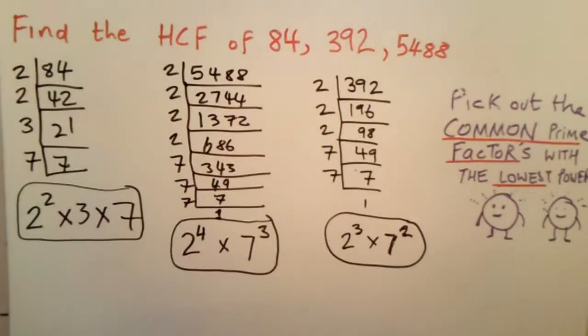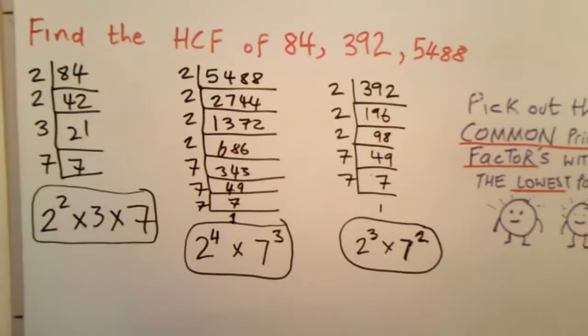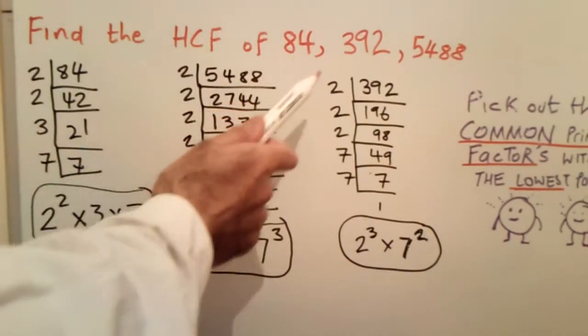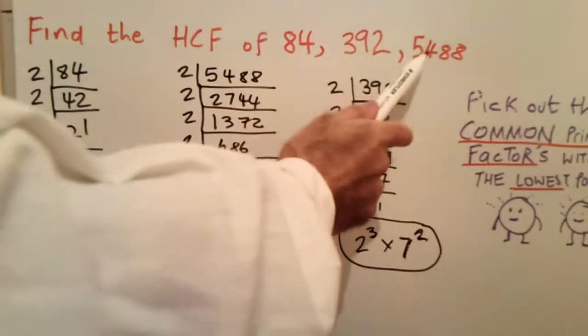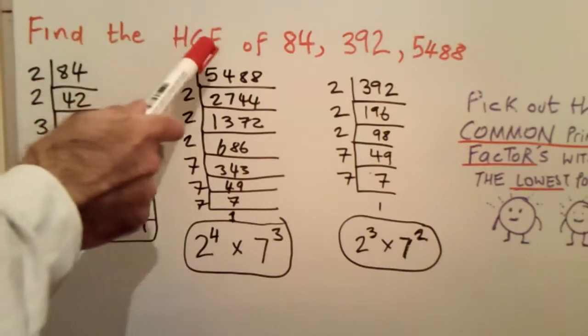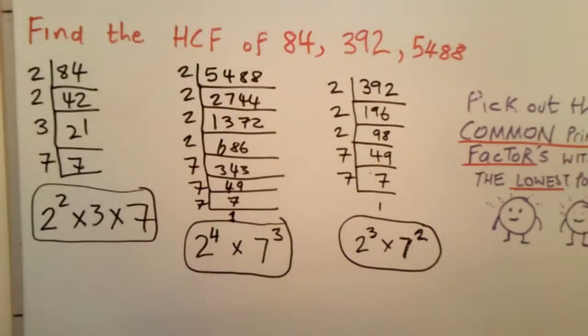Okay, we've got another example here, but this time with some large numbers. Again, we've done the prime factorization. So basically we've got 84, 392 and 5,488. How do we find the highest common factor of these three numbers?